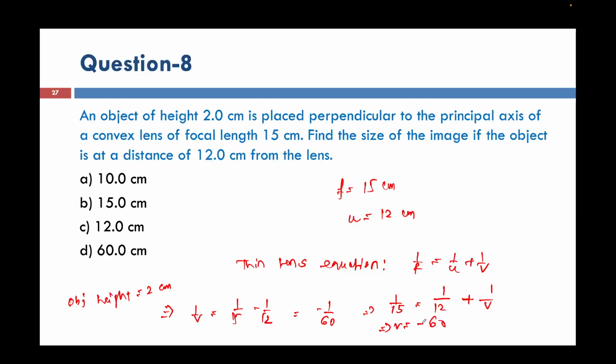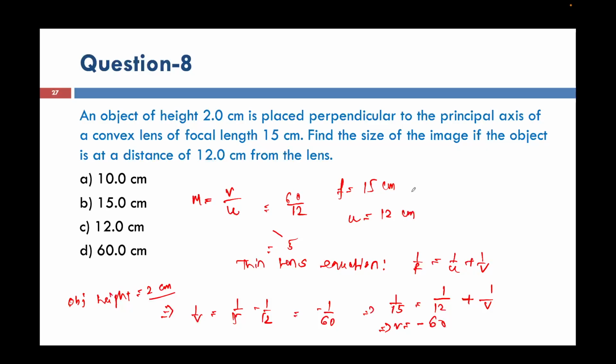So if I am talking in terms of magnification, it is v by u. If I am taking only the distance, that means 60 divided by 12, where 12 is my u, the object distance. So it will give me 5, right? So magnification is 5. My object height was 2 centimeter, and magnification I am getting is 5.